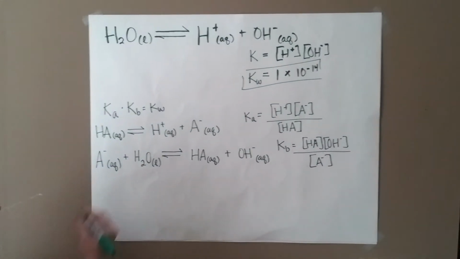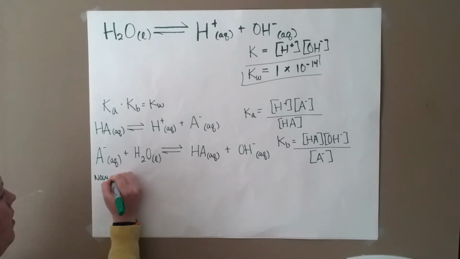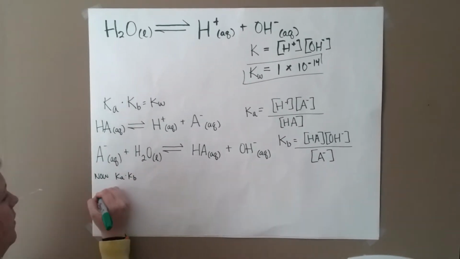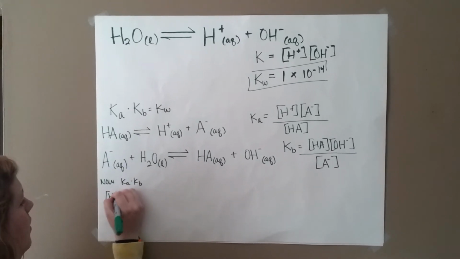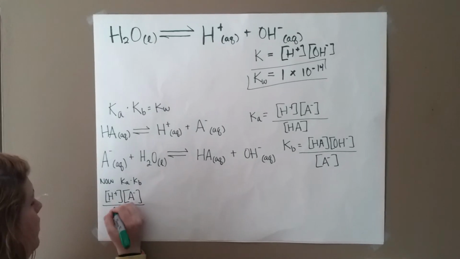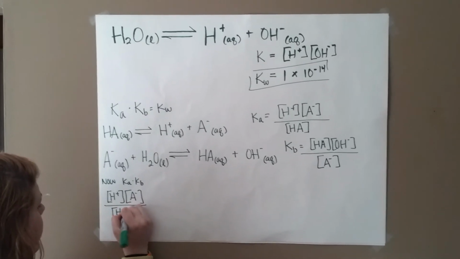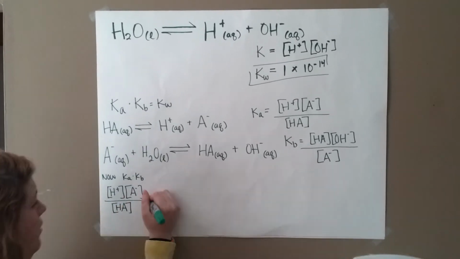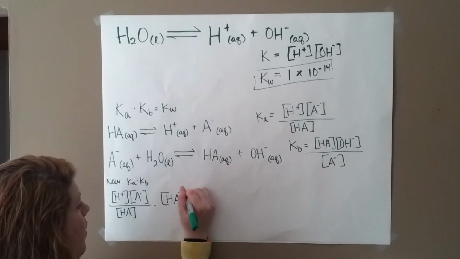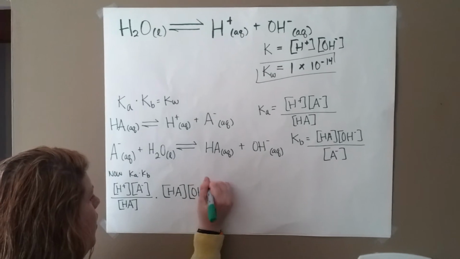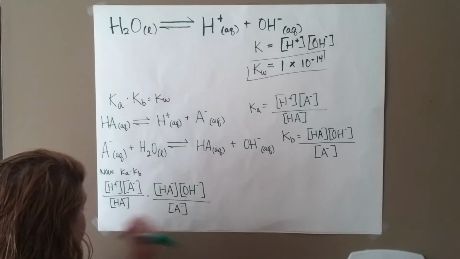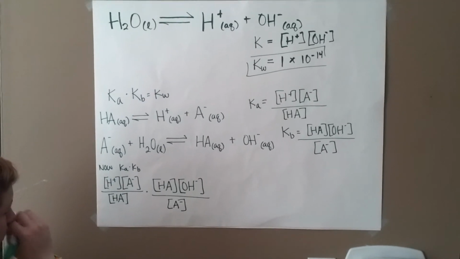So now, I want to try to multiply Ka and Kb. All I'm doing is taking these directly from the equilibrium constant expressions. As you can see, we have some like terms that we can cancel out.